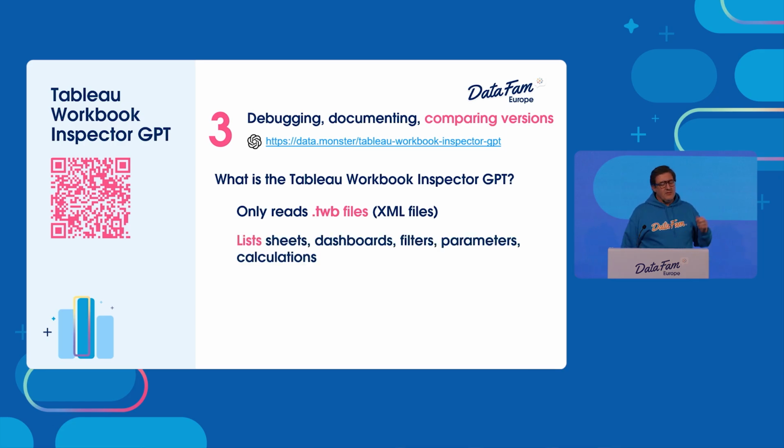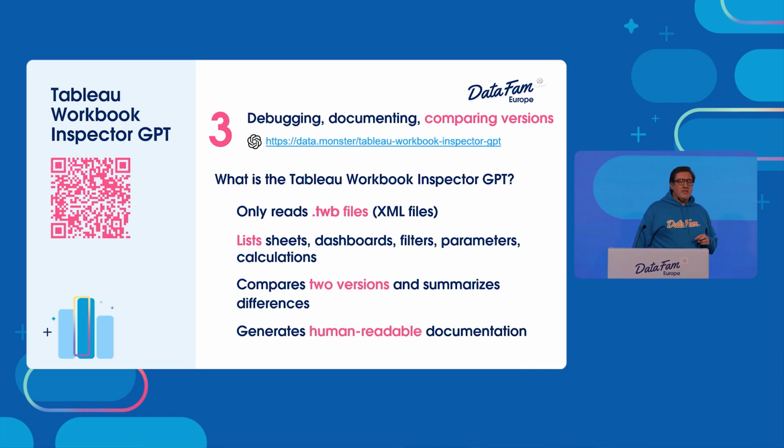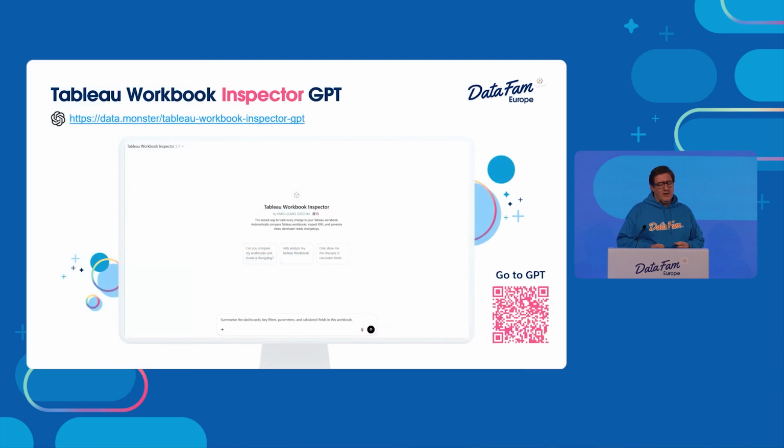And with that, it can list all the sheets that you're using, the dashboards, filters, parameters, calculations. And it can compare two versions. You can easily compare what you did in version 1 and version 2 at the same time. And it will generate a very good human readable documentation that you can copy, paste, and add more stuff into a document, either Confluence, Jira, Notion, any other tool that you're actually using.